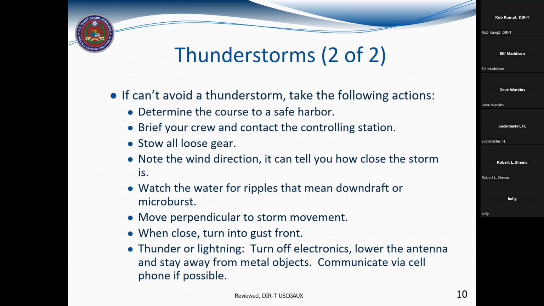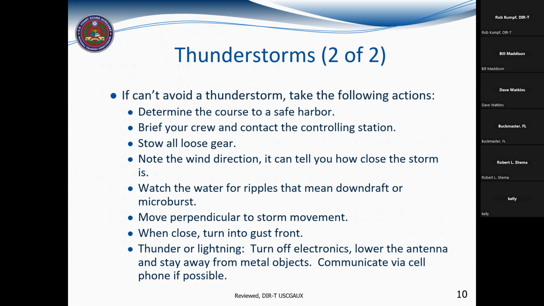Maybe safe harbor is getting behind an island so that there's something blocking the waves for us. I've had to do that before out fishing: well, I can't get back to a marina, but I can go over to this cove where I'm out of the wind, so the wave height's not as bad, and wait it out behind a little island.